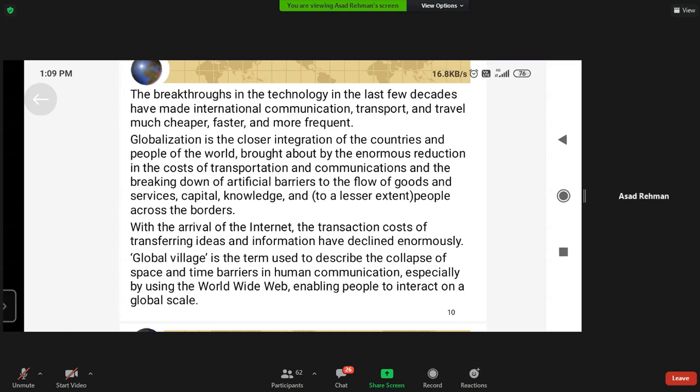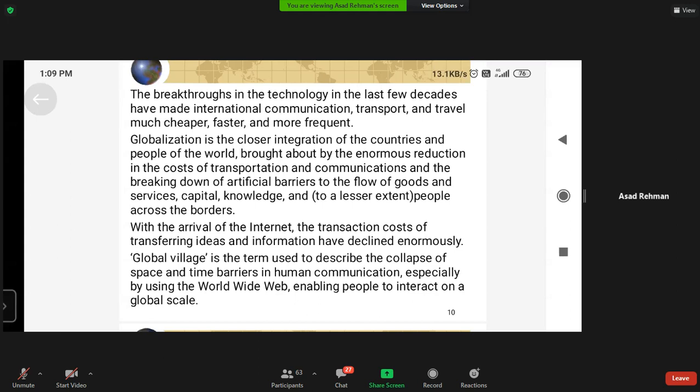And if you remember, in the last two discussions, another important thing that we have been able to discuss is that because of the breakthrough in information technology and travel technology, international communication and transport have become much cheaper, much faster, more frequent. And one more thing, they have become much more accurate.